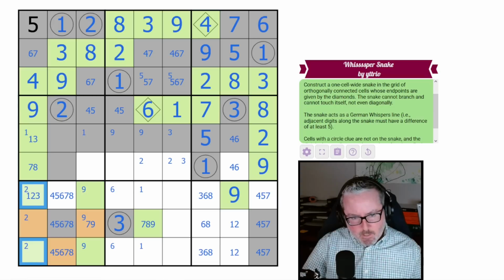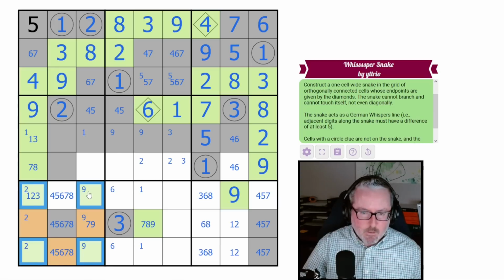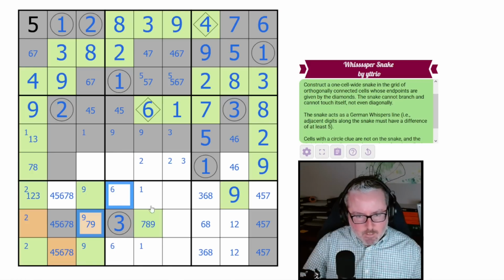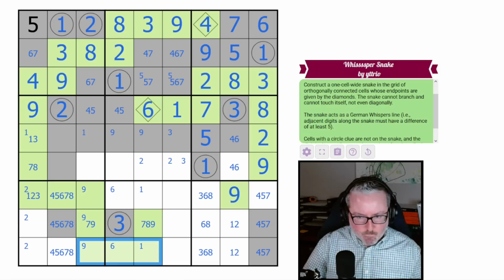Can't put it here, can't put it here, can't put it here, because if this is a 4, this is 9 and 9. You can't do it. Okay, so that doesn't work. If we can't go down this way, it must go this way, tie in this way, and then tie over. Okay.